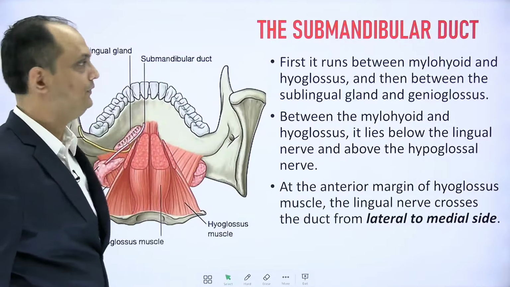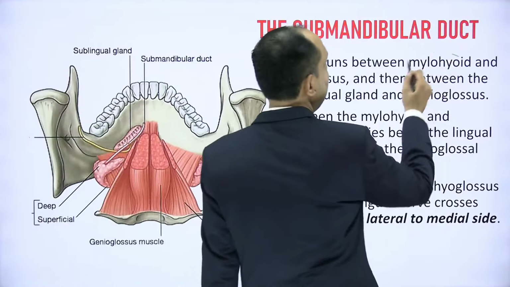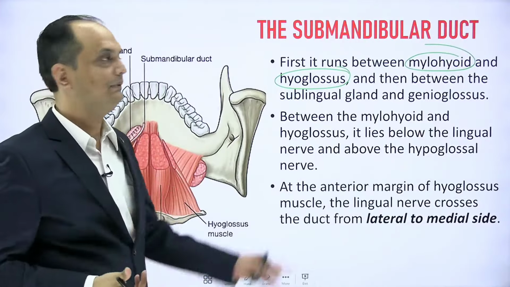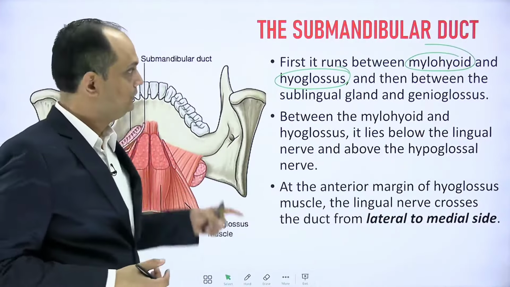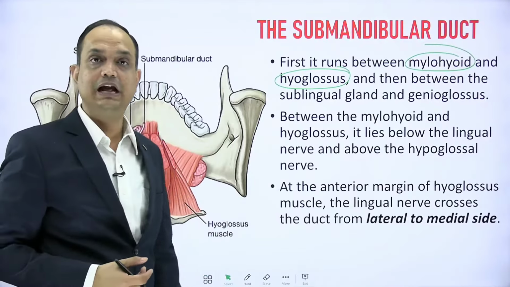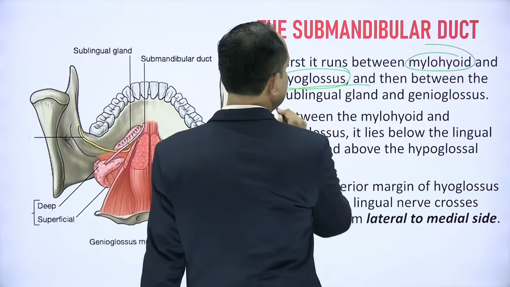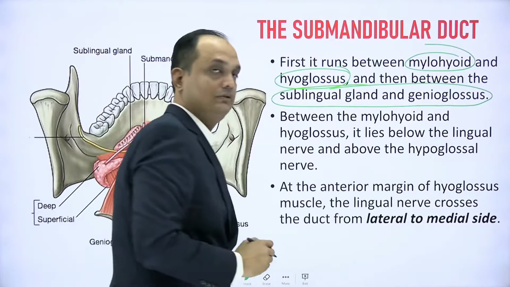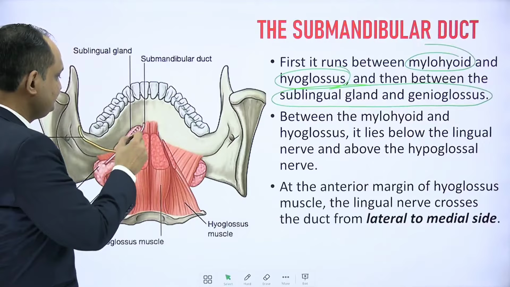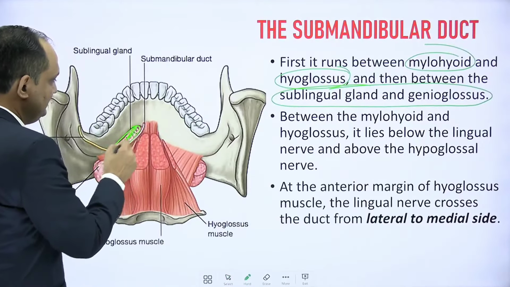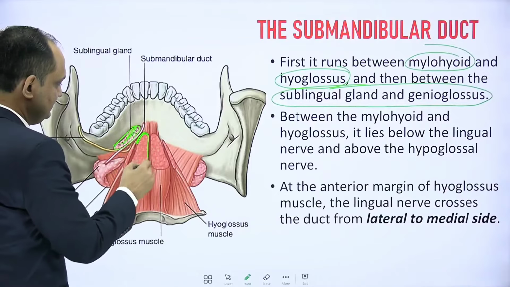In its course, it first runs with the mylohyoid muscle and hyoglossus muscle, but obviously because the deep part is present in this intermuscular cleft, the duct is also present in this cleft, but as it goes ahead, the relation comes between the sublingual gland and genioglossus. In this part, you can see that this is your sublingual gland and this is your genioglossus muscle.